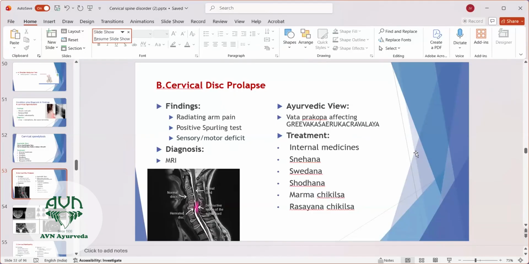Usually at the cervical level, it is affecting C4-C5, C5-C6, and C6-C7. But at the level of the lumbar spine, it is affecting L4-L5 and L5-S1. So the contour of the spine: at the cervical level there is a cervical lordosis, at the thoracic level there is a thoracic kyphosis, at the lumbar level there is a lumbar lordosis, and at the sacral level there is a sacral kyphosis.